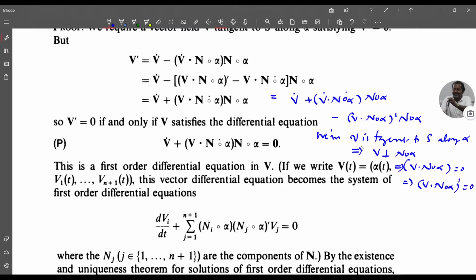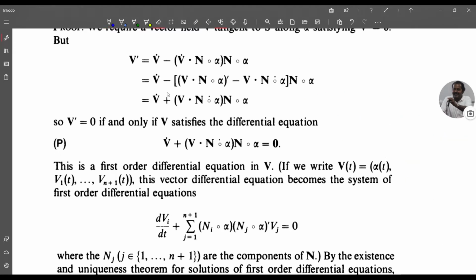So here this quantity becomes 0. So finally you are getting V dot plus (V dot n composition alpha dot) times n composition alpha. That is this differential equation. Therefore, the covariant derivative of V equals 0 if and only if V satisfies the differential equation V dot plus (V dot n composition alpha dot) into n composition alpha is 0. This is a first order differential equation in V.